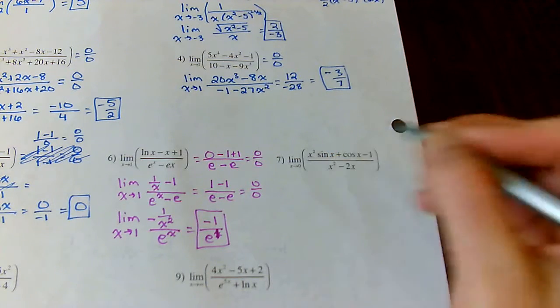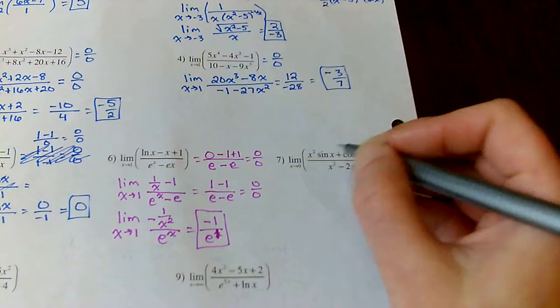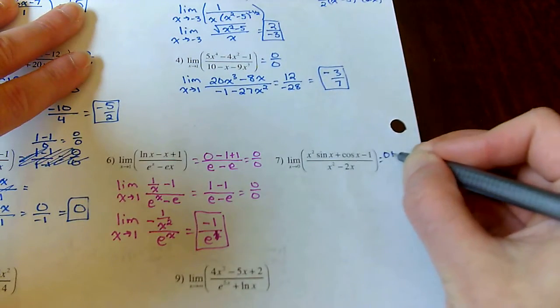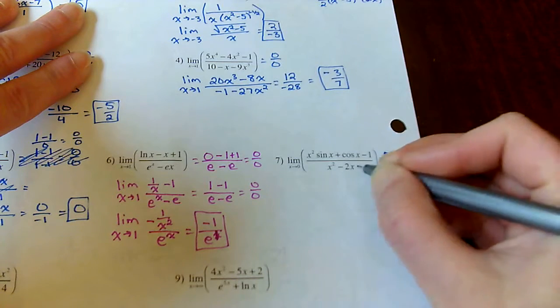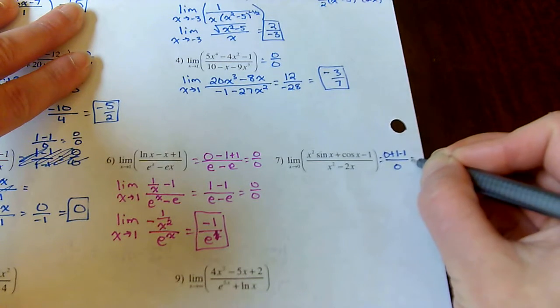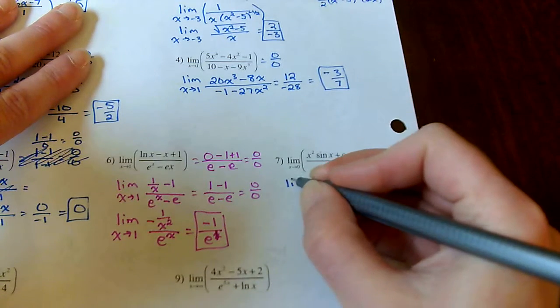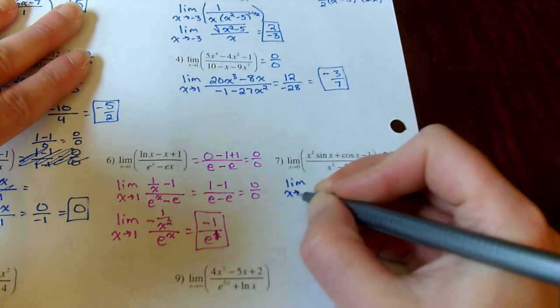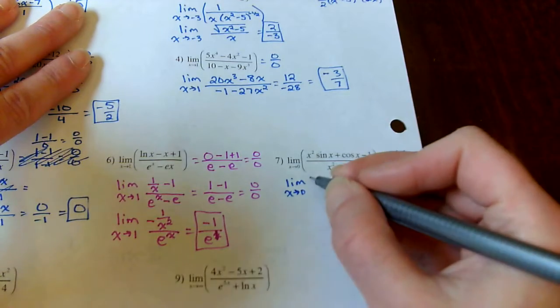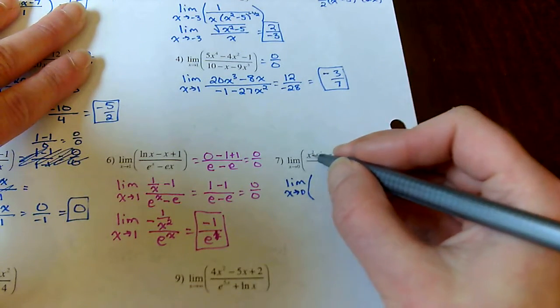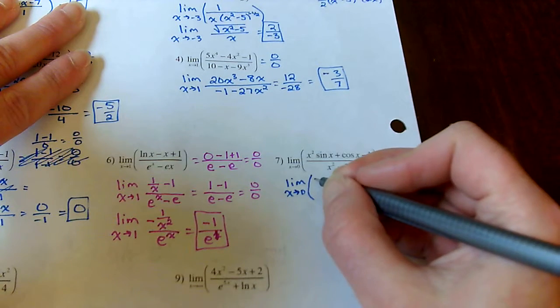Limit as x approaches 0, I would get 0 plus 1 minus 1 over 0. Indeterminate form. L'Hopital's rule. The derivative of the numerator. Be careful here. We're going to have a product rule.